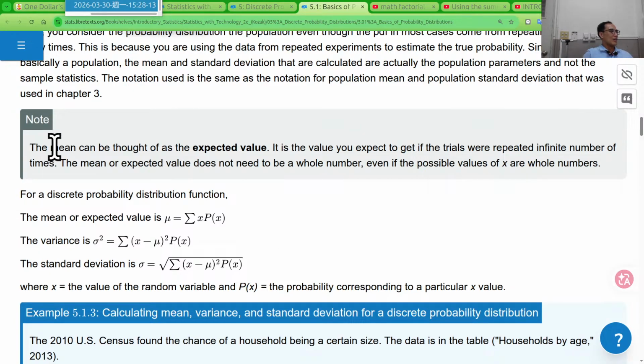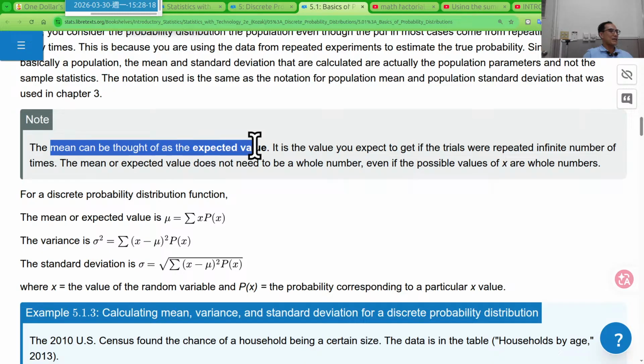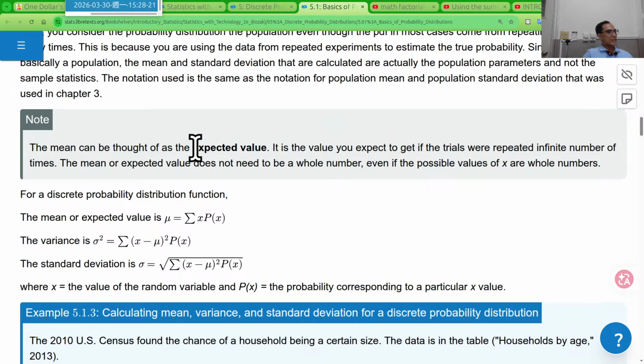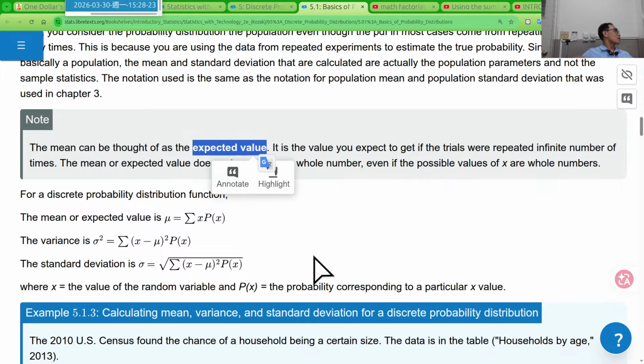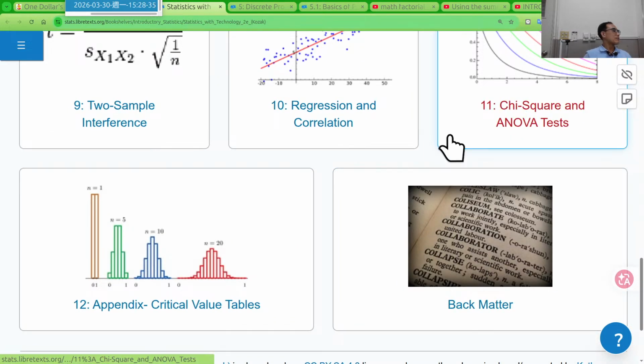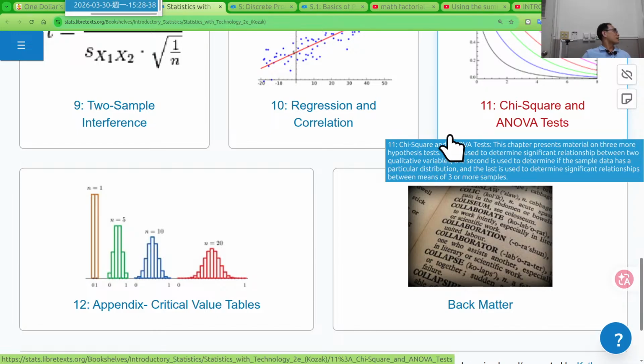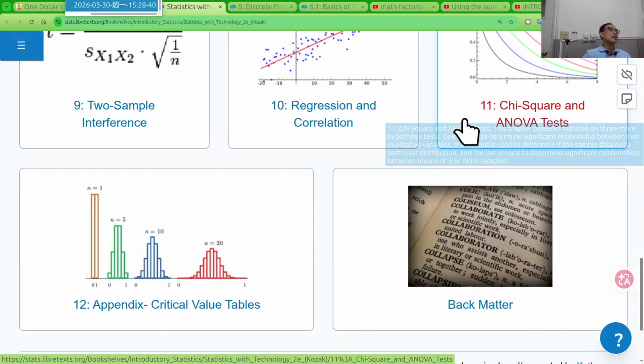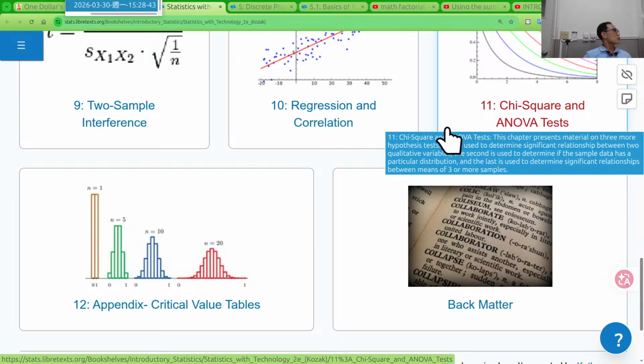And here, the mean can be thought of as the expected value. Again, expected value is a specific term to describe the math. Maybe when we move to chapter 11, chi-square, we will explain the expected value again. Chi-square is also important for us, so I will explain it after the midterm.